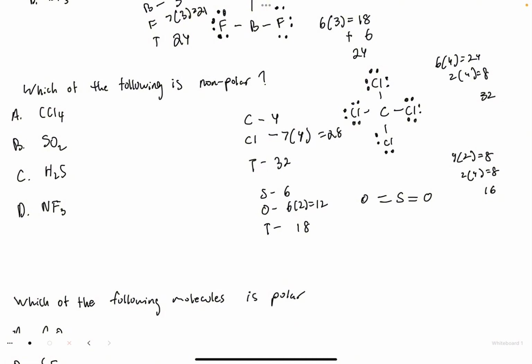So we just have to add in a lone pair since sulfur is in that third period. We already have 16. We need more, so we can just add in a lone pair. And then that would be polar. So we have a lone pair on the central atom, and we've drawn out the Lewis structure.